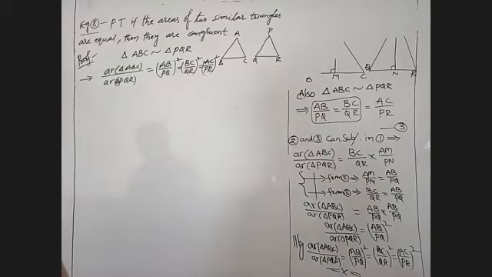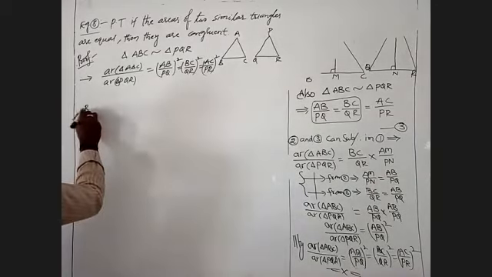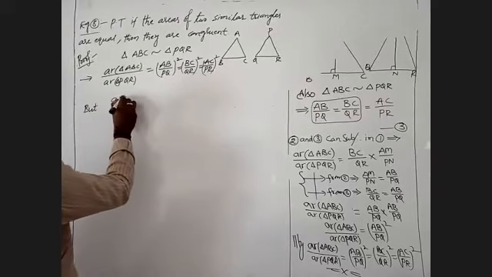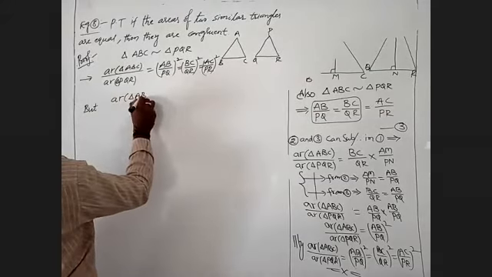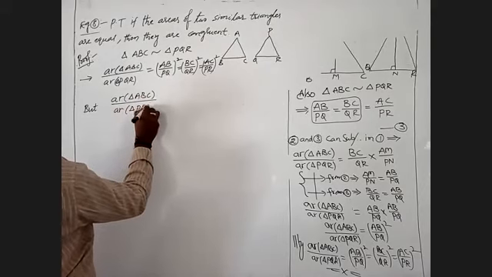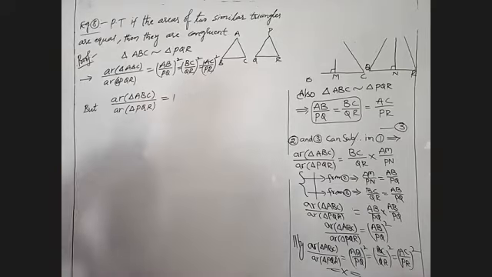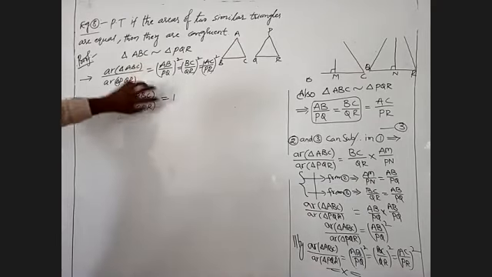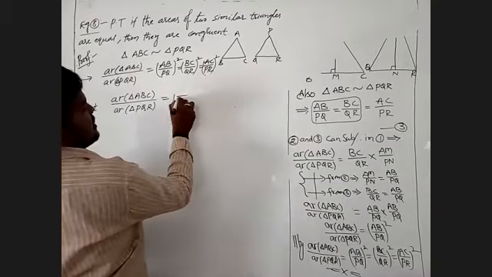Their areas are equal, which means area of triangle ABC by area of triangle PQR is nothing but 1. Their LHS is 1, so their RHS is also equal to 1.